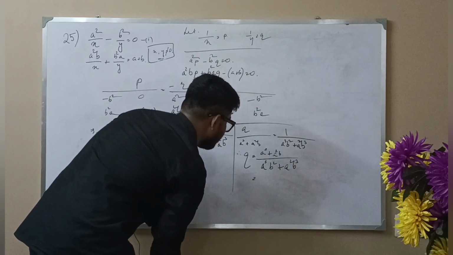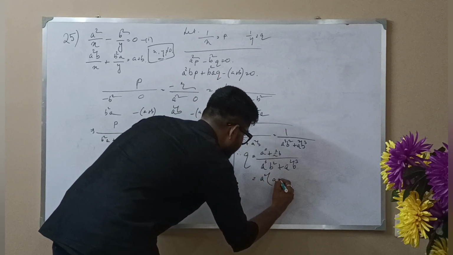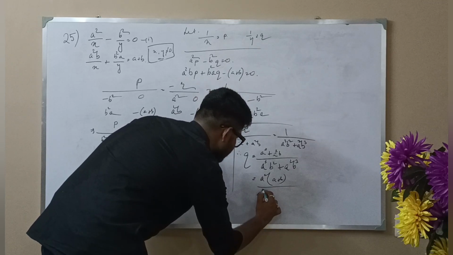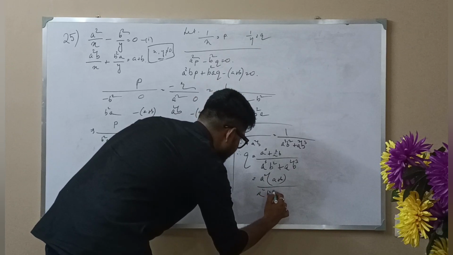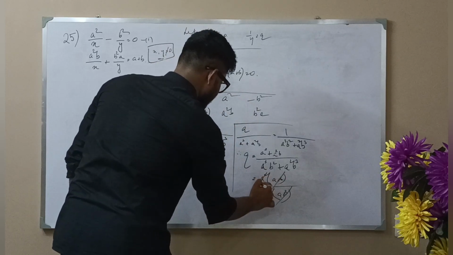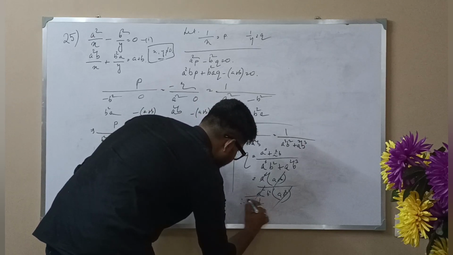So from the numerator we'll take a square as common and we'll get a plus b. Over here again we'll take a square b square as common and we'll get a plus b, so we'll get cancelled. So the value of q is 1 by b square.